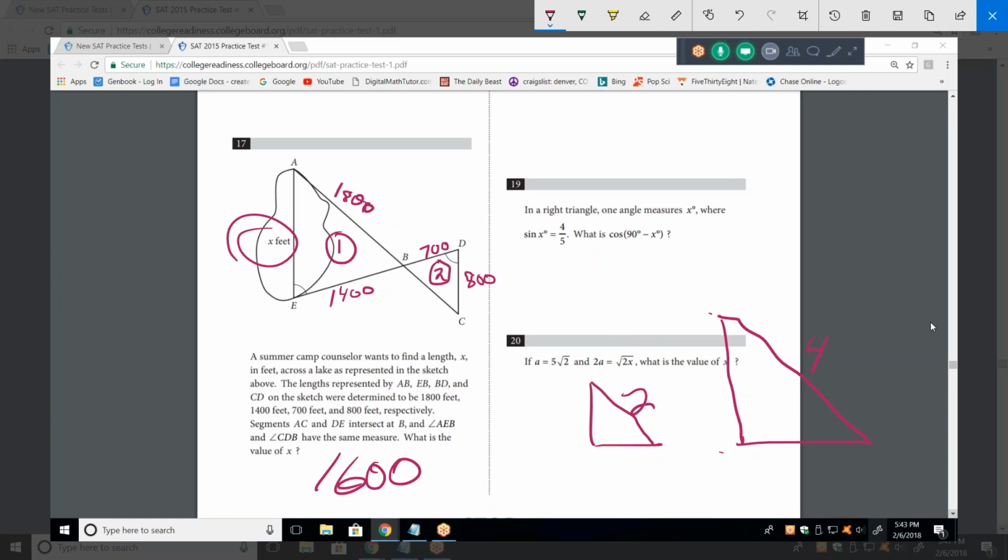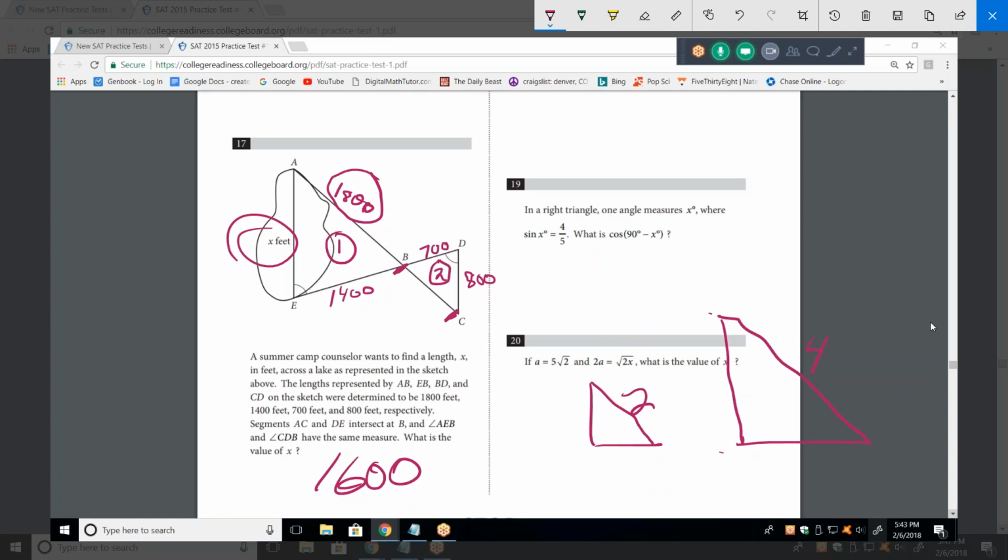Now, if they ask you what this distance is, what's that distance? 1400? No, it's going to be half of this. Remember, when you have similar triangles, the ratio between corresponding sides is the same ratio.